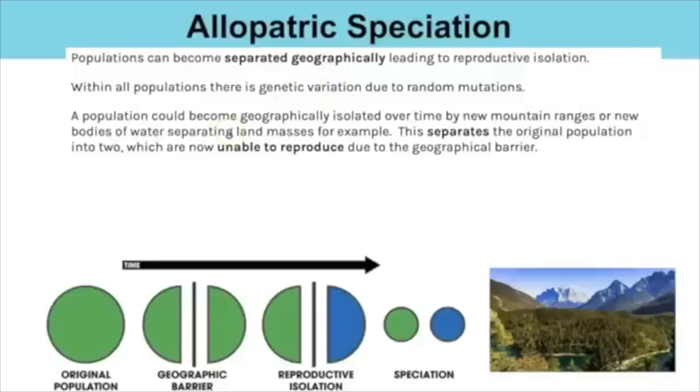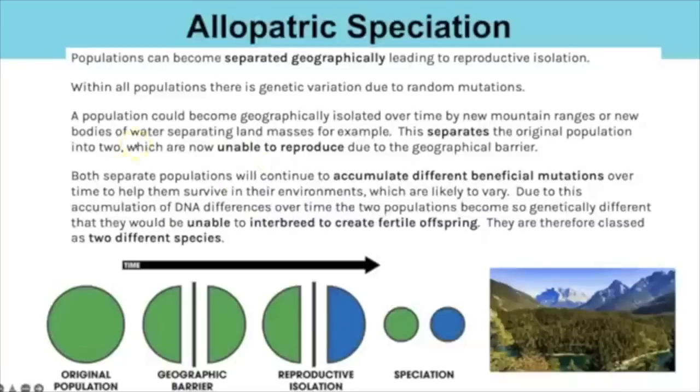It could be a new mountain range or new bodies of water separating the land masses, and that separates the original population into two. So they are now unable to reproduce due to that geographical barrier. Both of those populations will be accumulating different beneficial mutations, and over many, many generations, that will then result in their DNA becoming so different that they cannot interbreed to create fertile offspring. And therefore we class them as two new species.